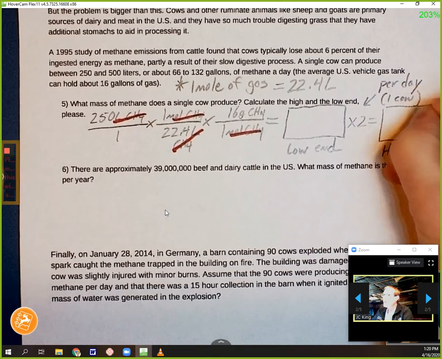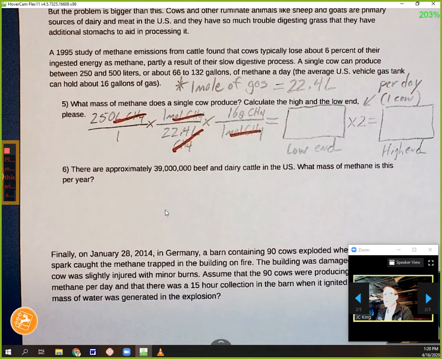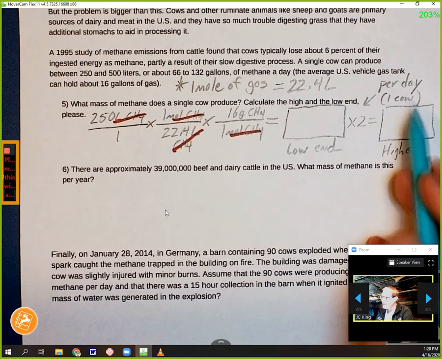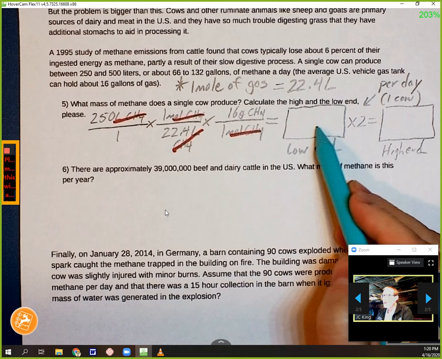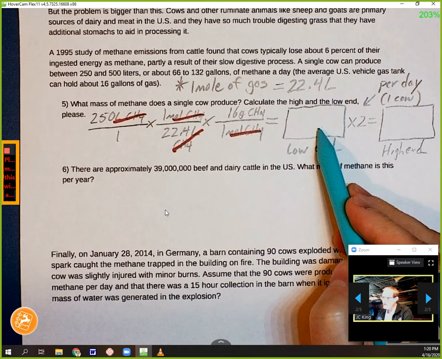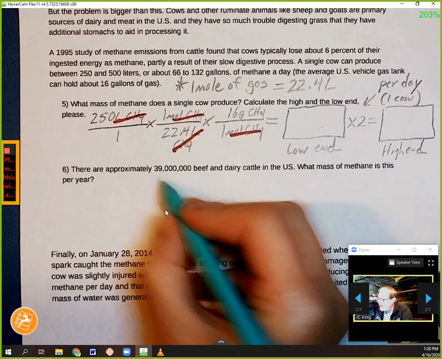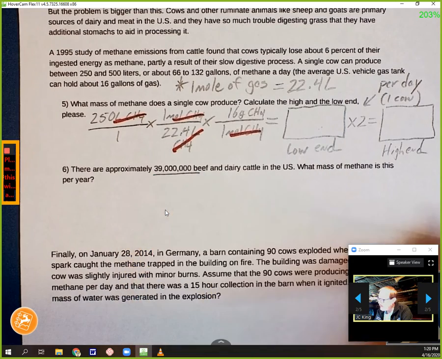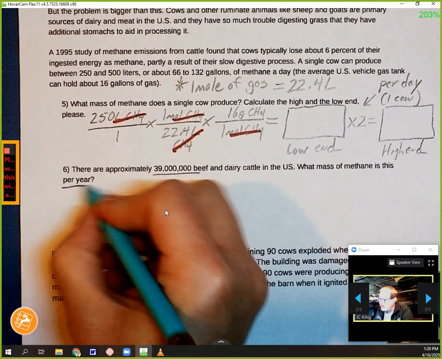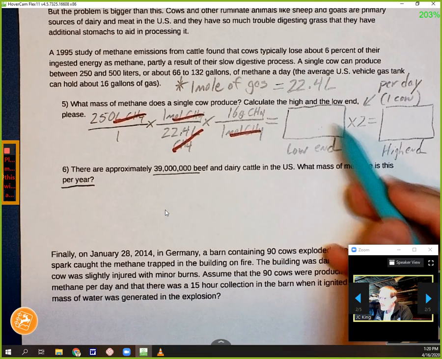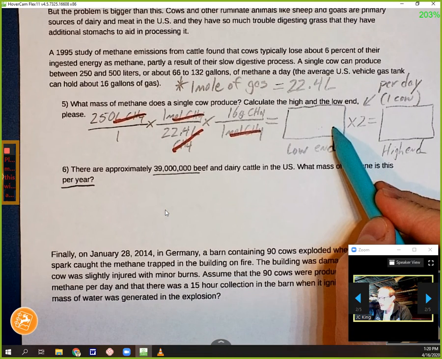So if it's this much per day at the low end, you're going to have to figure out how much it would be for this many cattle per year. So you take one of these answers and you have to figure out a way to inflate it, if you pardon the expression.